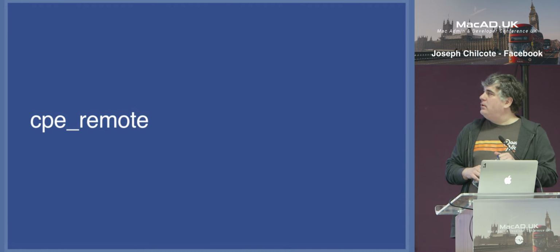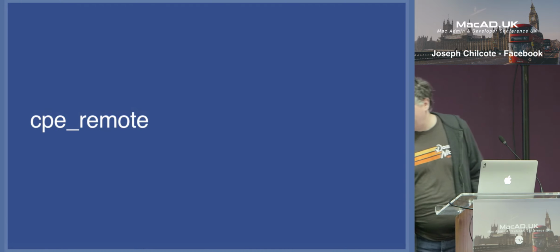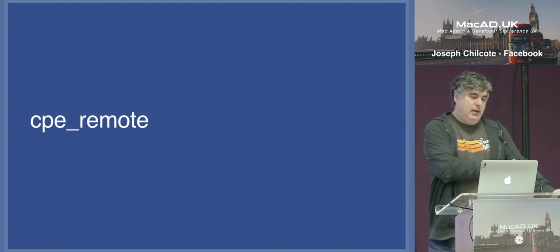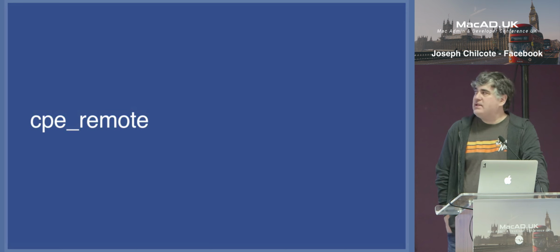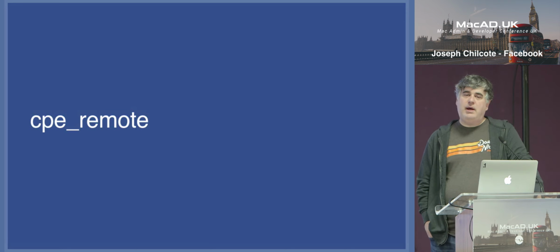Another topic I want to cover is the CP remote cookbook and resource. This is a way for us to install packages or copy down files or zip files from a remote source.